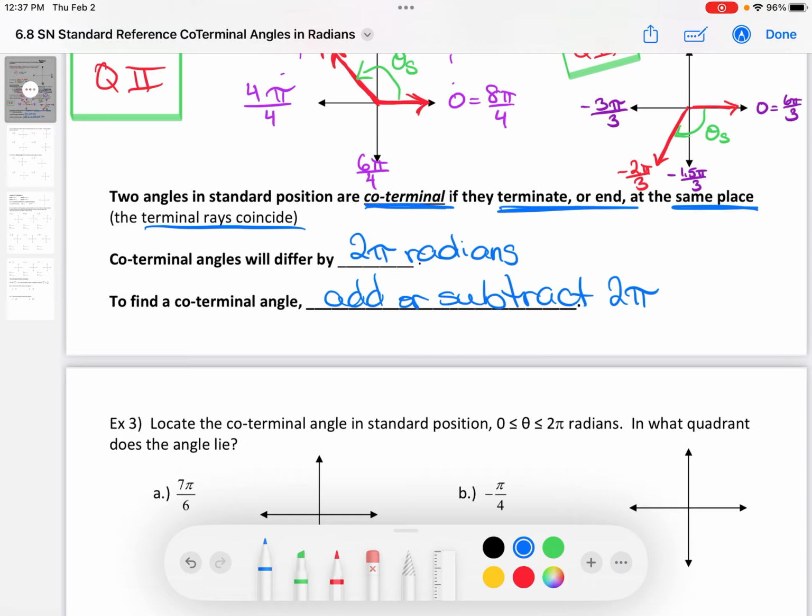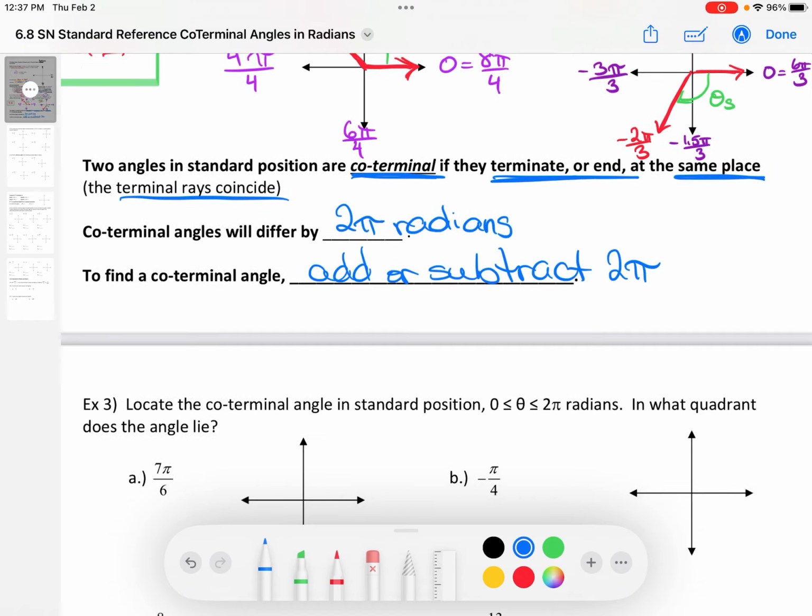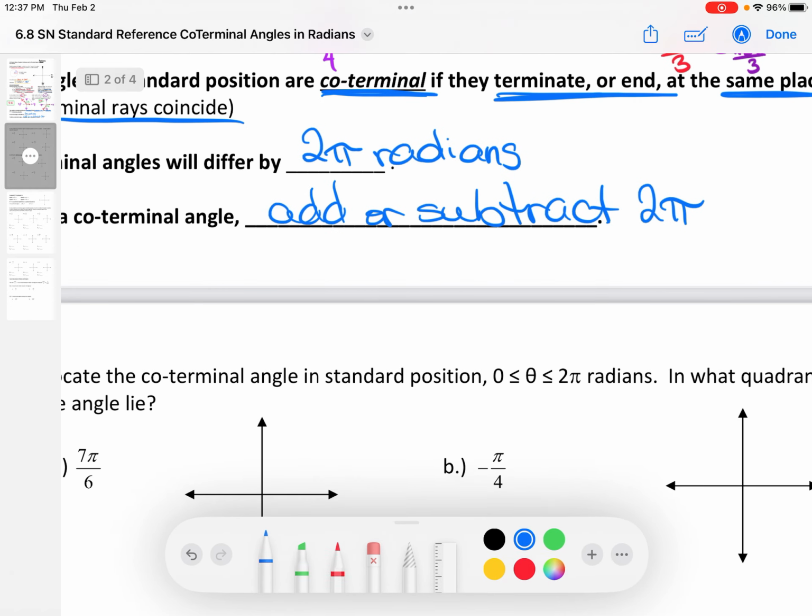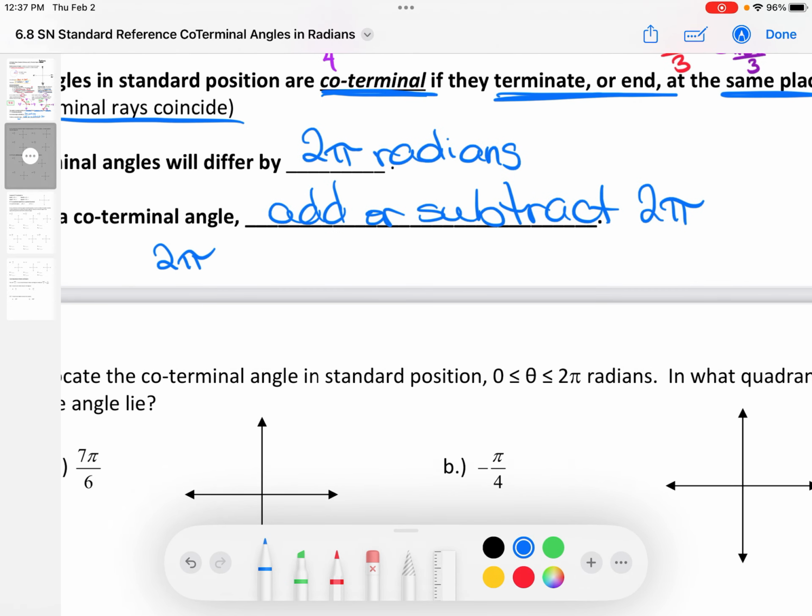So we may not always need 2 pi. We may need a different form of 2 pi. So depending on our denominator, we may need to convert that, okay? If we have no denominator, we'll use 2 pi. But if we have a denominator of 2, that's going to be 4 pi over 2.